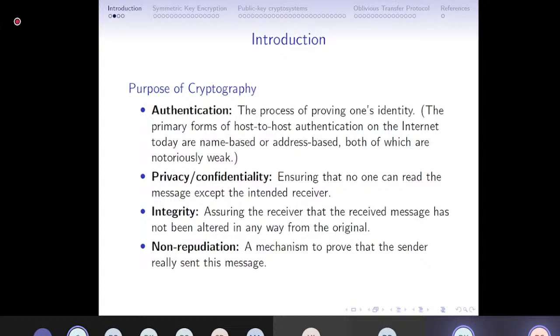Then later, for any reason, he or she cannot deny that he or she has not signed that document. That is the actual meaning of non-repudiation. These are the things basically provided by the purpose of cryptography.